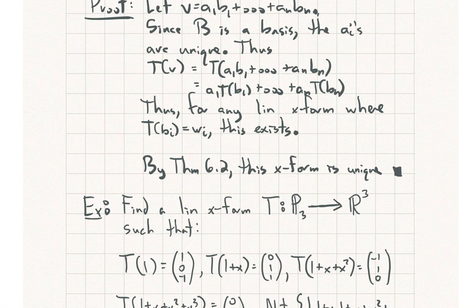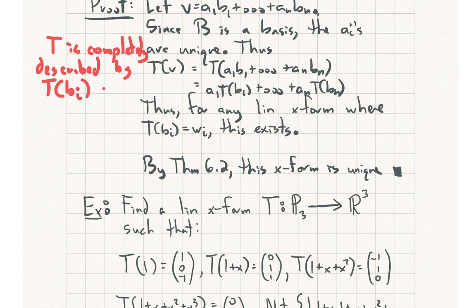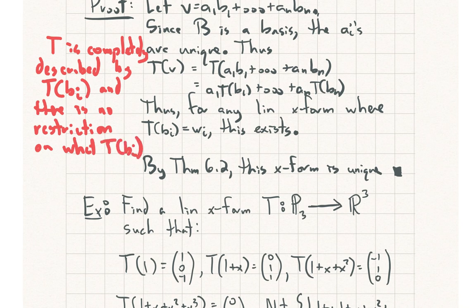That's the takeaway here: T is completely described by where it sends the basis vectors, and there's no restriction on what T of Bi can be.